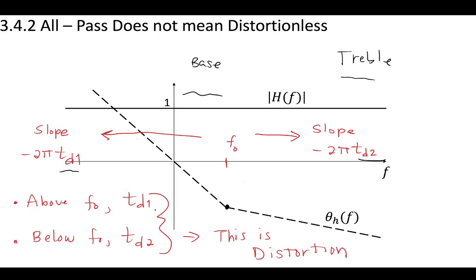If time delay 1 and time delay 2 are quite different, say 1 second, then this song is going to be indistinguishable at the output, because you've passed it through a system where the bass and the treble are being delayed by a whole second of difference between the upper treble frequencies and the lower bass frequencies. So this would be a pretty serious case of distortion.